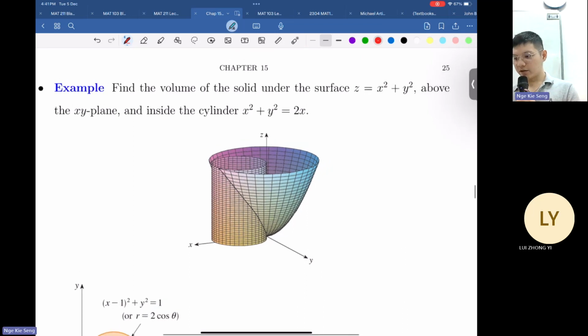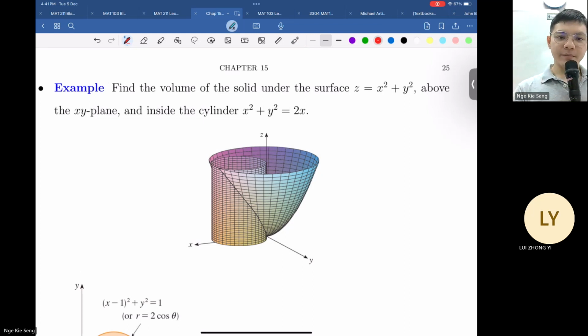Find the volume of the solid under the surface inside the cylinder. How to do this? What's the domain? You need to find the integration domain. What's the domain you need to integrate over?